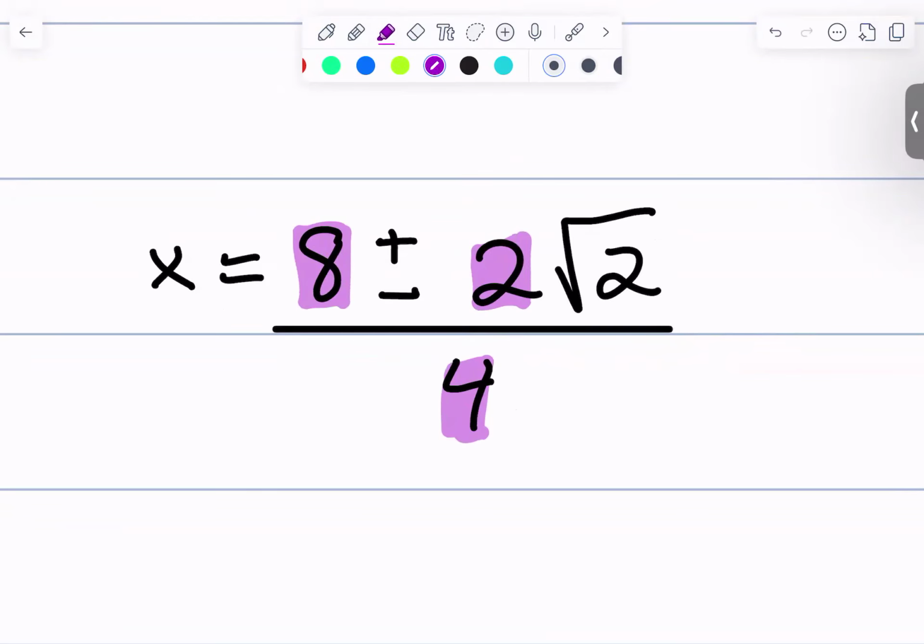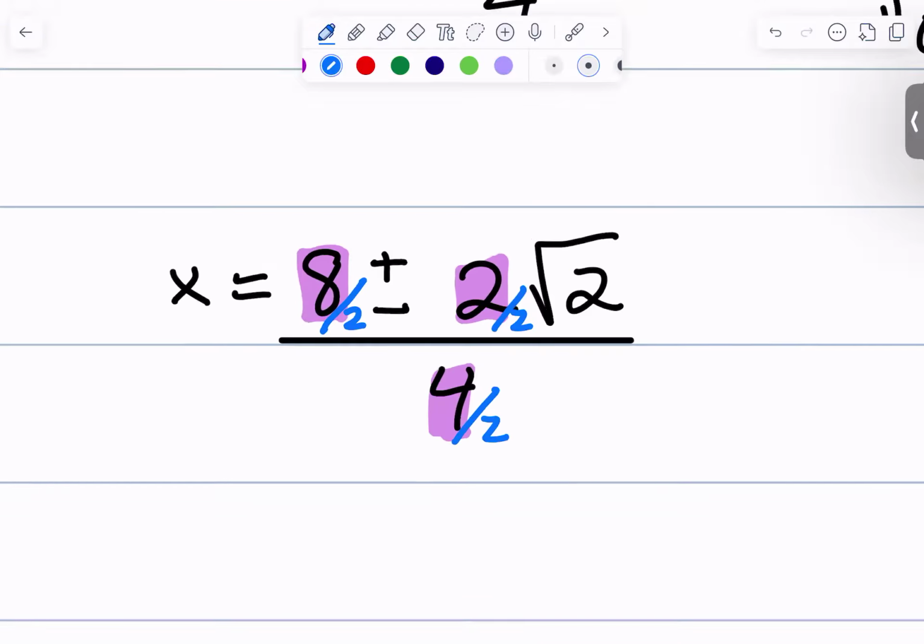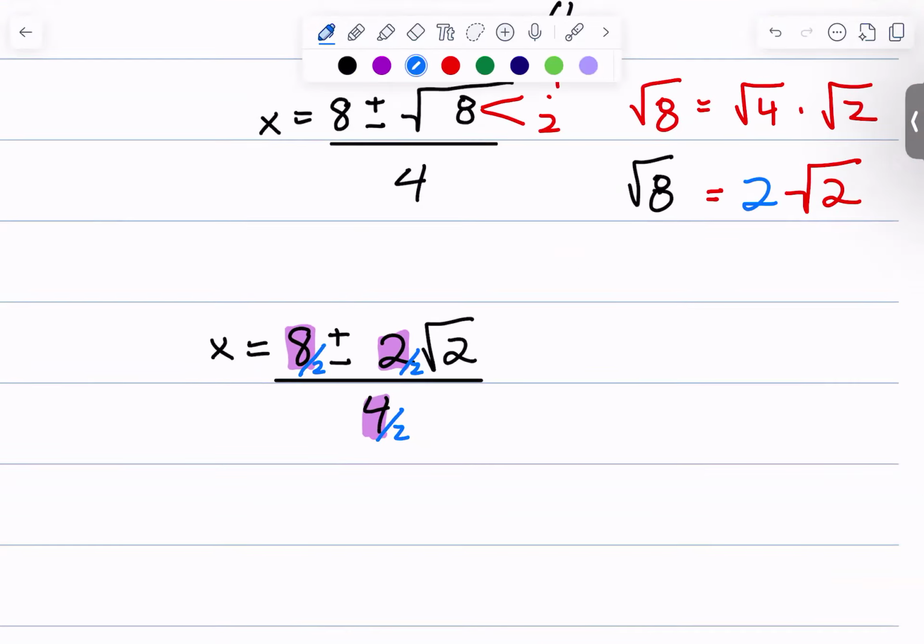Is there a GCF that I can divide by to make these three numbers smaller? A 2, a 4, and an 8. A 2, right? Your GCF is 2, correct? So what I'm going to do is divide everything by 2. So 8 divided by 2 is 4.